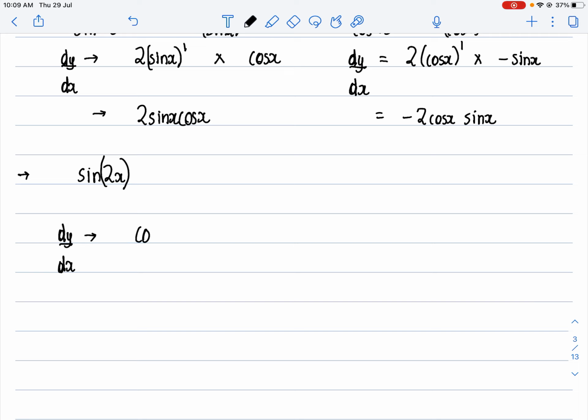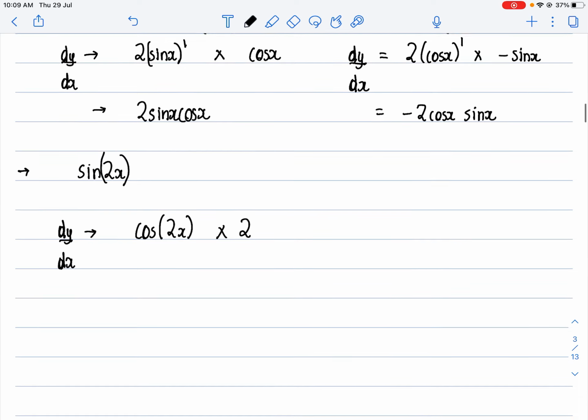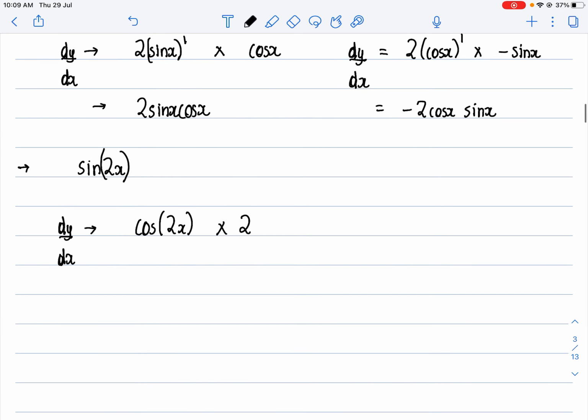So I write this as cos, and the inner function as it is. So I get cos 2x, but this will be multiplied by the differentiation of the inner function, which is the differentiation of 2x, which is 2. Correct? This is what I basically get. So my final answer, which I get, is 2 cos 2x.